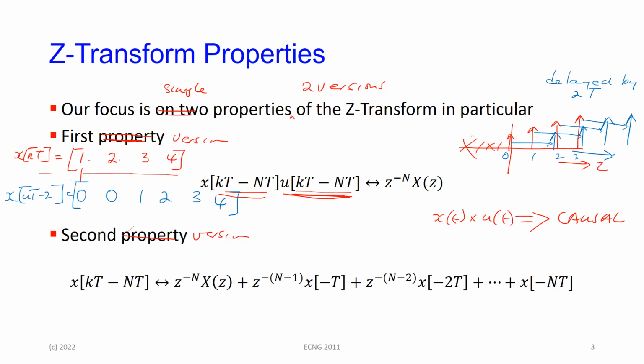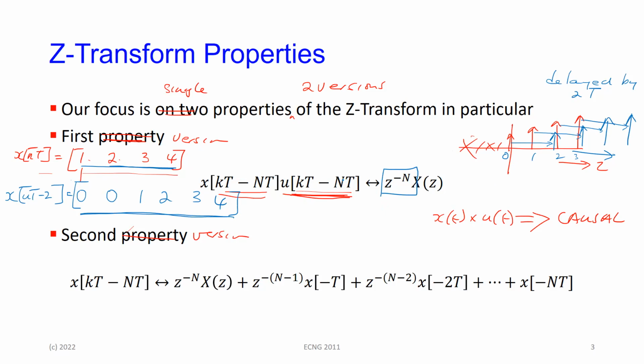Right, good. So once I do that, what the first version of the property is saying is that the Z transform of the delayed version is the same as the Z transform of the original, multiplied by z to the minus whatever amount I delayed it by.